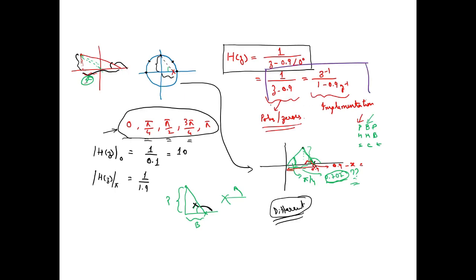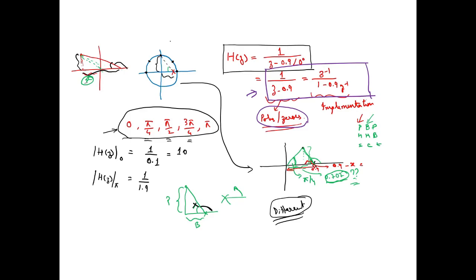Now both these equations are valid, but you have to use them for different purposes. Say for example, when your equation is 1 by z minus 0.9, it will be used to find out the locations of the poles and the zeros. In the numerator there are no z terms, so we will not touch it.